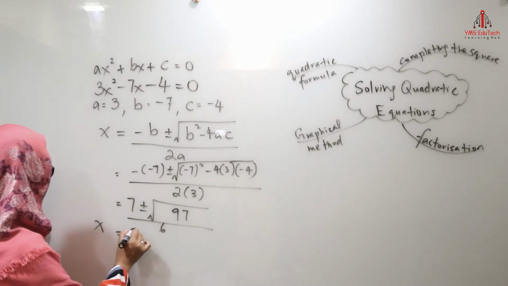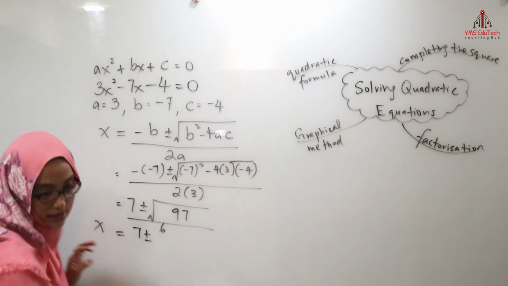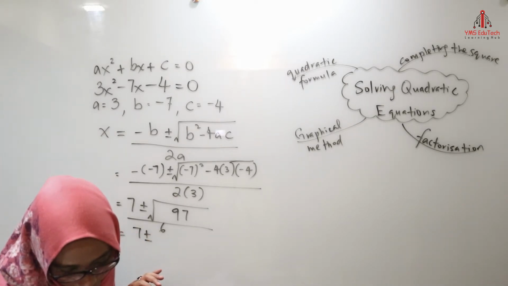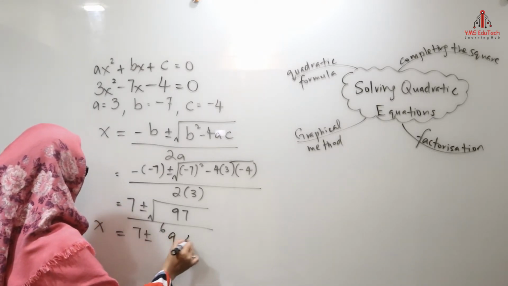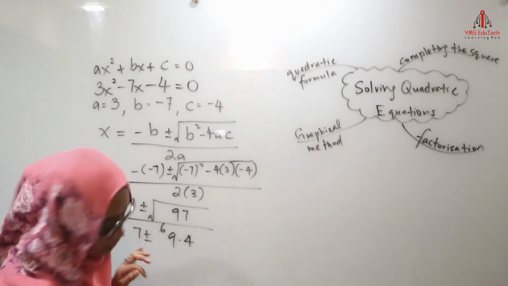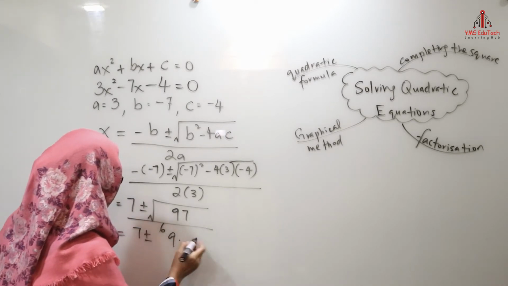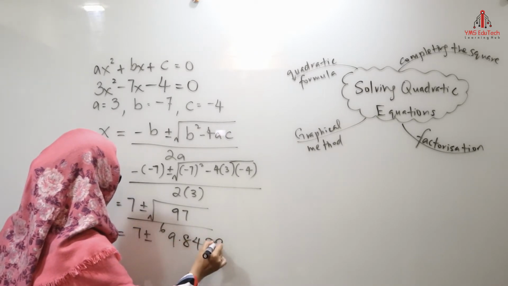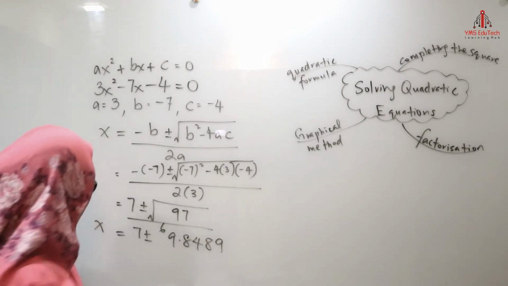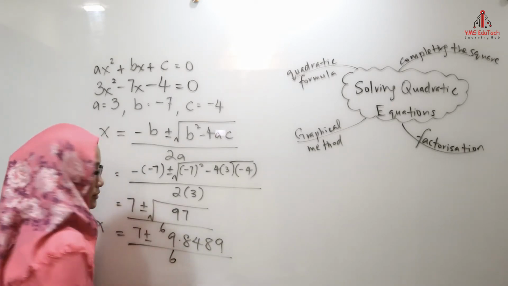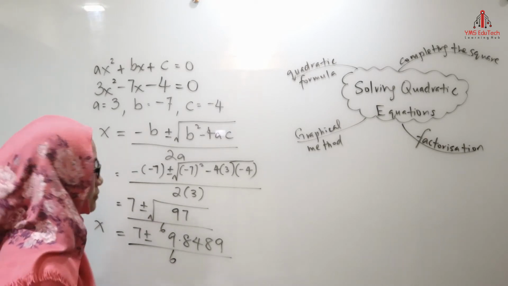So that will give me 7 plus minus 9.8489. Keep it to 5 significant figures. Okay, divided by 6. Okay, can you all see?